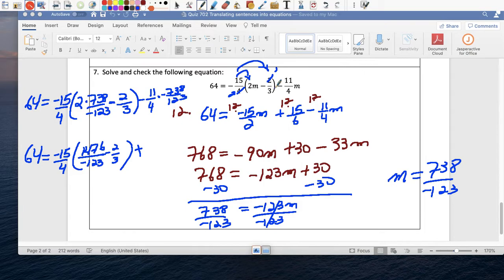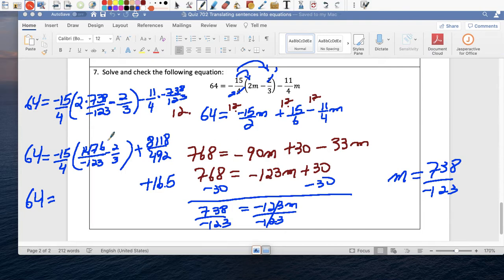So 4 times 123, the denominator is 492. The numerator is 11 times 738, 8118. Okay, so once I have a single number, hopefully this works out. So let me see if I can divide 8118 by 492. Wow, this actually is 16.5. The whole thing becomes 16.5.